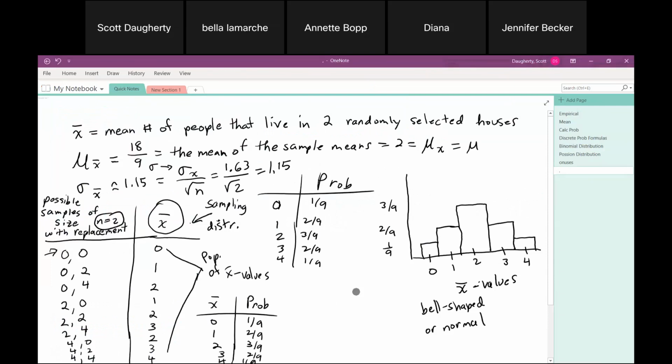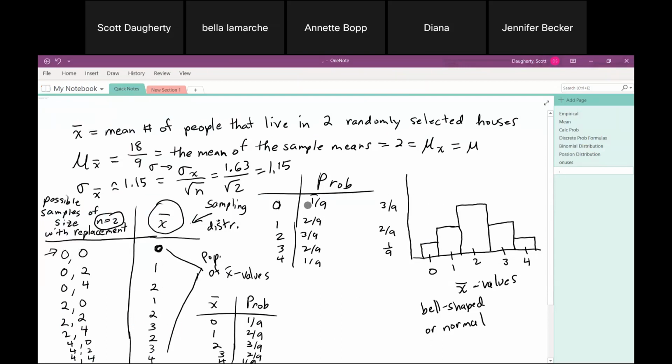If there's one thing you want to catch from this, why is this happening? Why is the standard deviation going down for the X bar values? Think about it. In order to get a 0 for X bar here, I would have to get 2 zeros in a row because I have to average up to 0, right? There's only one way to average to 0. When I sample my two numbers, I would have to get a 0 the first time and a 0 the second time.